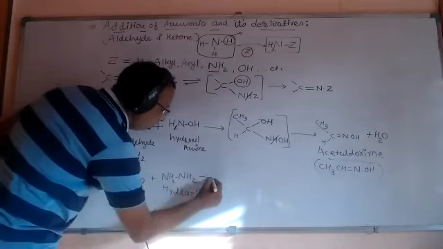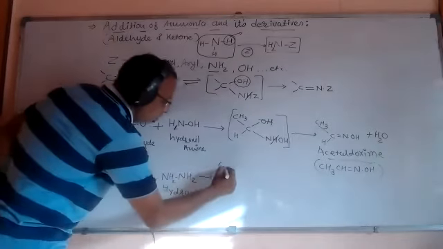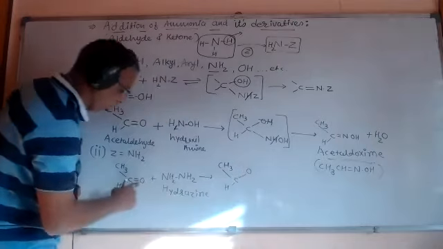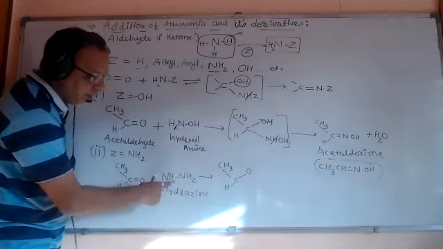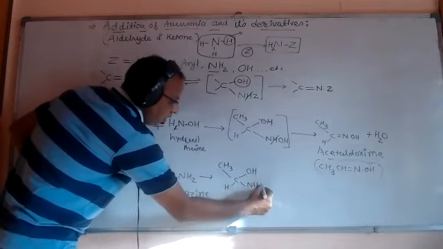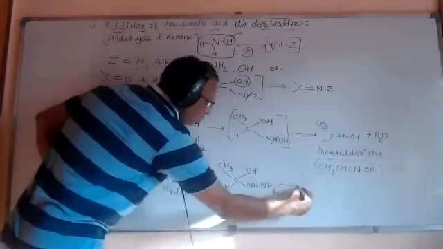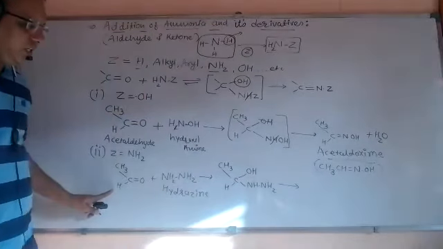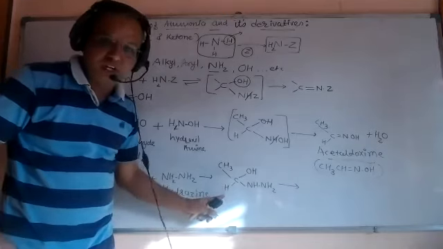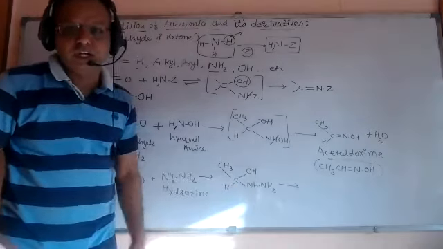What happened? Once again, in the first step, it will be CH3 CH. This is O. One hydrogen from here will be added here. This is NH NH2. This is called acetaldehyde hydrazine. So here in the intermediate product, we can write acetaldehyde hydrazine.